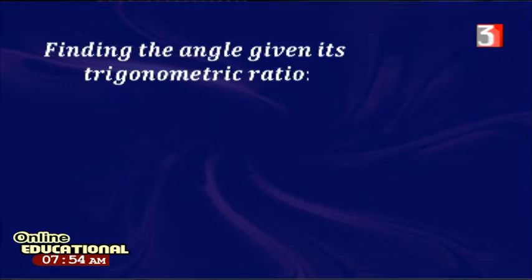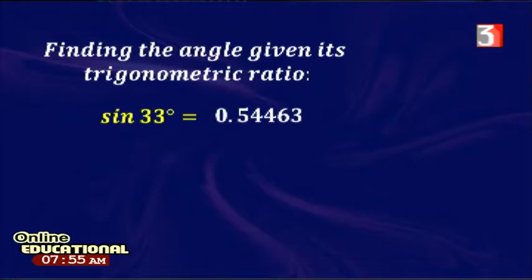Another example, finding the angle given its trigonometric ratio. Here I'm going to give you the example, but in the opposite way. I'm going to give you the answer and I'm asking you for the angle. First of all, what about sine 33 degrees? By using your calculators, you are going to find that the result is 0.54463.